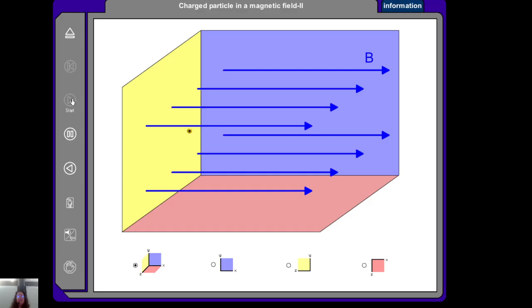So it's going to look something like this. So it's moving forward because of the parallel component of the velocity, and it's making a circle because of the perpendicular component of the velocity, right? Because the motions are independent from each other. They mind their own business. They are doing their own thing.